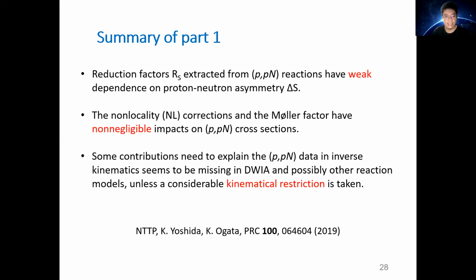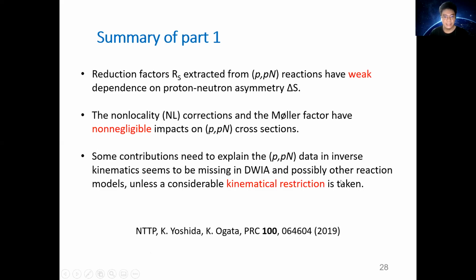Another thing is that we would like to emphasize the importance of the non-locality corrections, Moller factors, and also the use of a proper energy dependence in the design energy range for the optical potentials, because if you don't properly include them, they may have non-negligible impacts on the PPN cross sections.